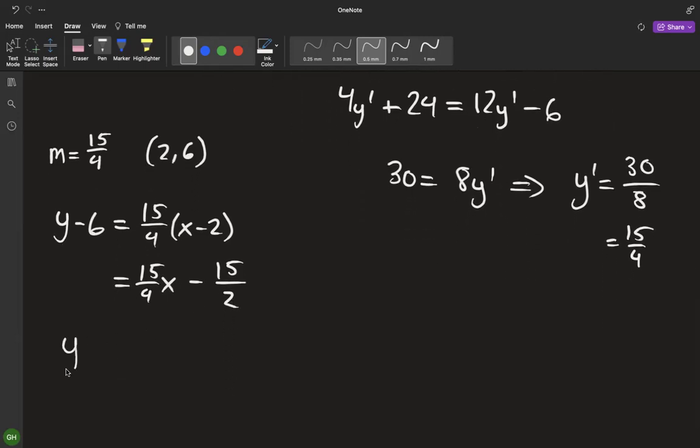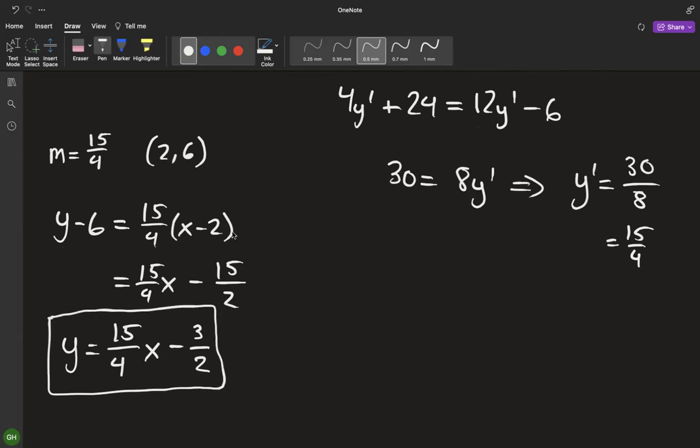Y equals 15 over 4 x. Moving this over, this is 12x over 2 minus 15x is negative 3x over 2, or negative 3 over 2. Okay.